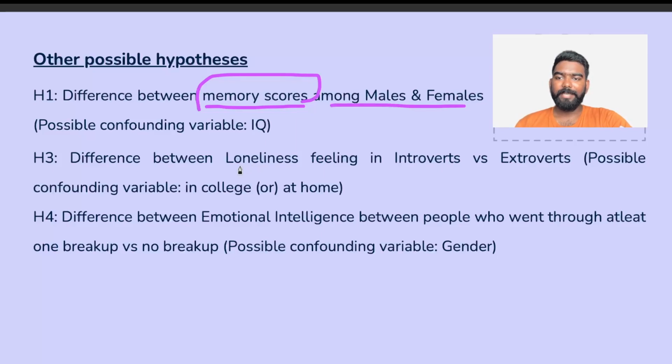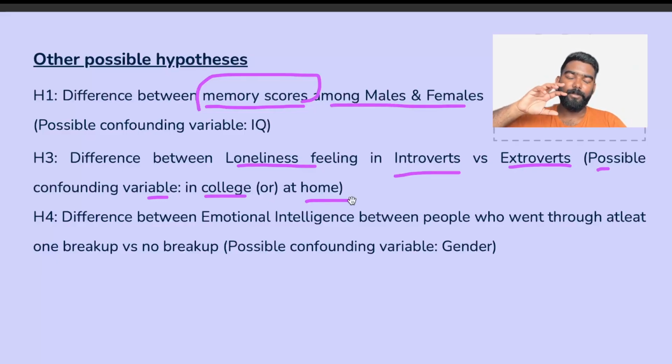Similarly, consider the difference in loneliness between introverts and extroverts. A possible confounding variable is whether they are in college or at home. Suppose you take all the introverts who are staying at home, and all the extroverts who are staying in college.